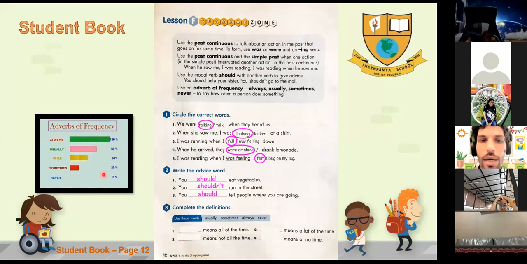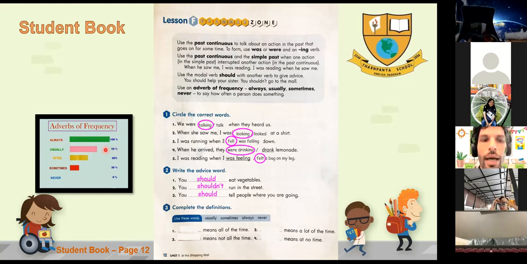Never means 0% of the time. In between always and never, we have three words. Usually means 80% of the time. Let's say there are 7 days of the week and you read the book 5 days a week.